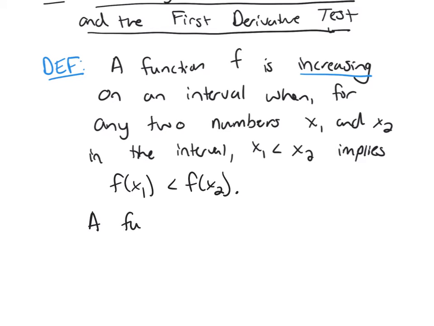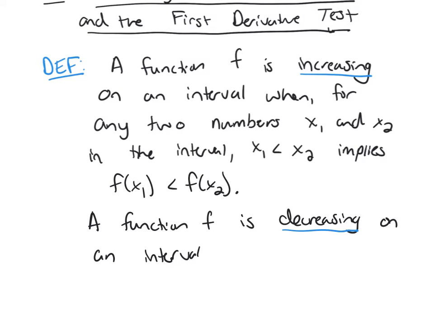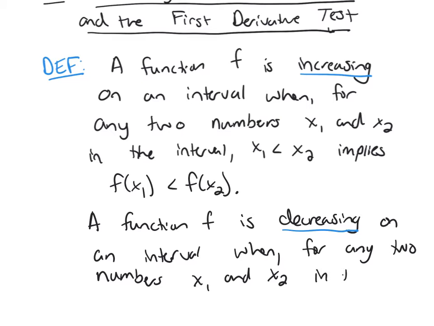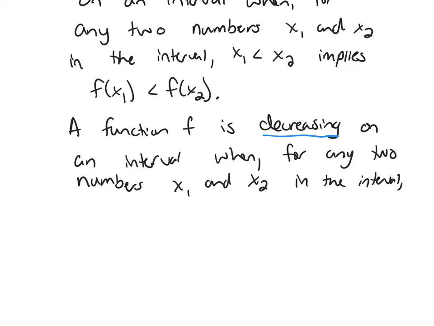And we're going to say a function f is decreasing on an interval when for any two numbers x1 and x2 in the interval, x1 is less than x2 implies f of x1 is bigger than f of x2.